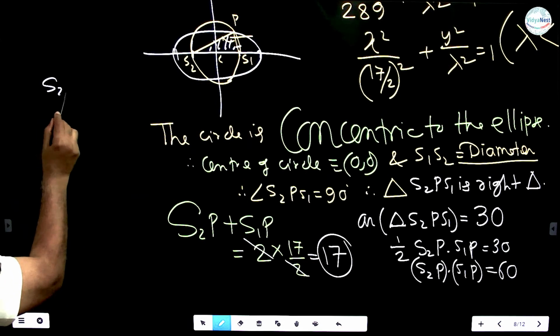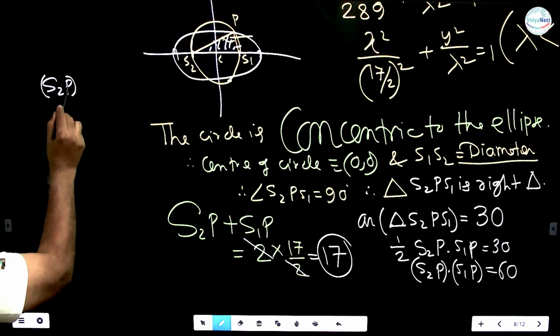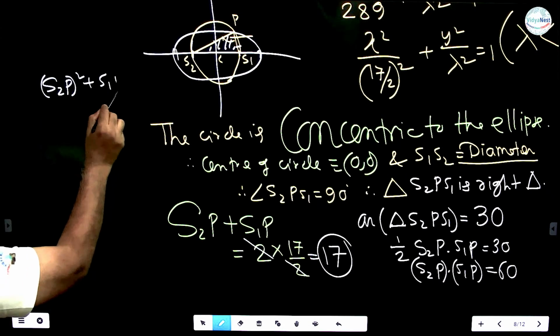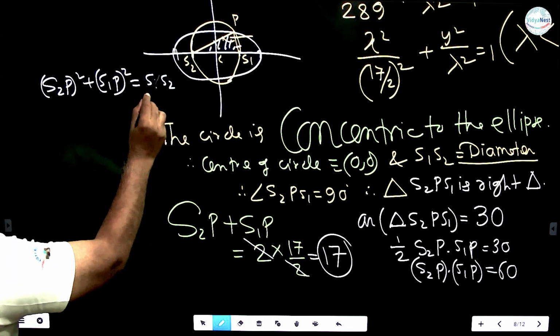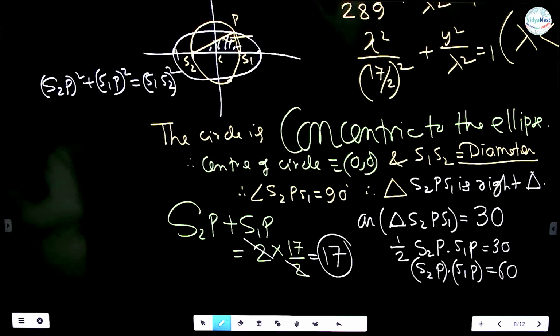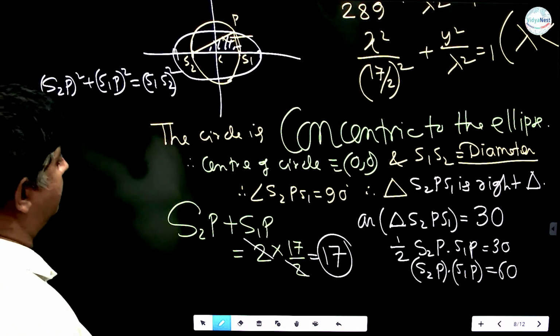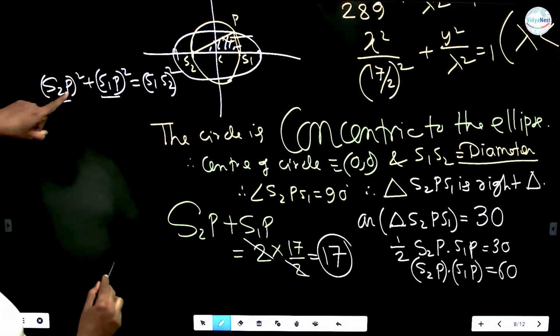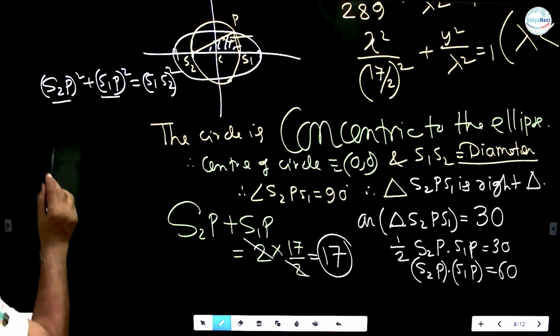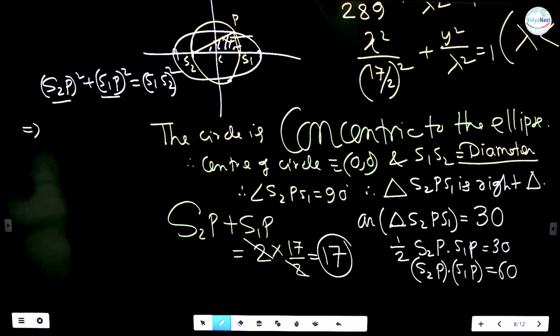So S2P square plus S1P square is equal to S1 S2 square. Yes or no? Yes, sir. Now in junior class, you were taught the A square plus B square formula. What is that?